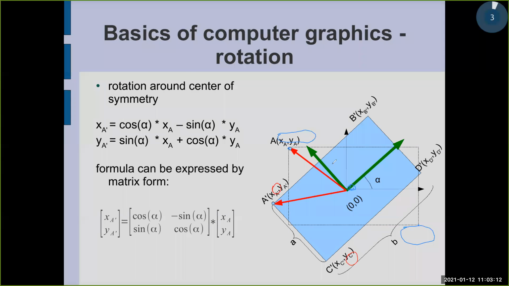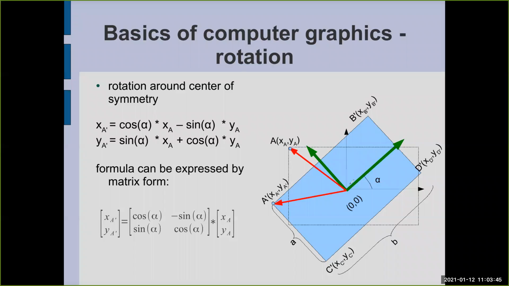So now I'd like to tell you about transformations. Let's assume that we have a rectangle which is represented using its center, and we have all the vertices here, and we want to transform it. So we want to rotate it.